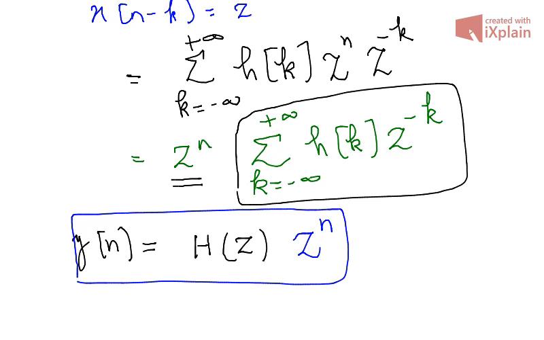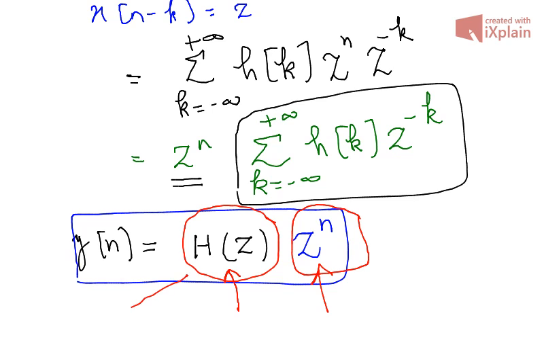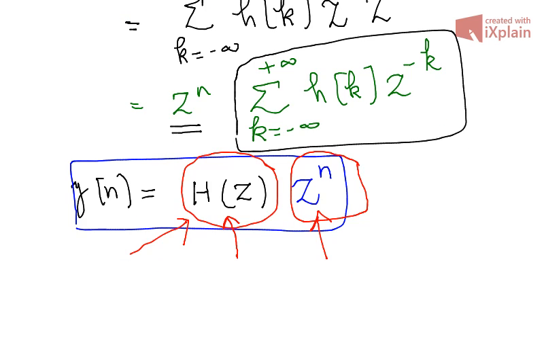If your input is a complex exponential, the output is also a complex exponential, but it has a multiplying factor which modifies its amplitude, and that is this value for an LTI system. Now this is the eigenfunction, and this one is the eigenvalue of the system.